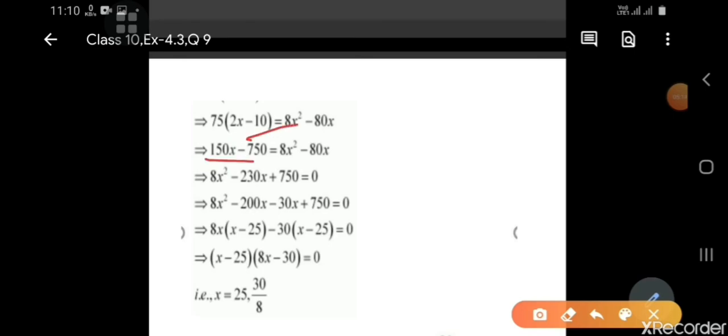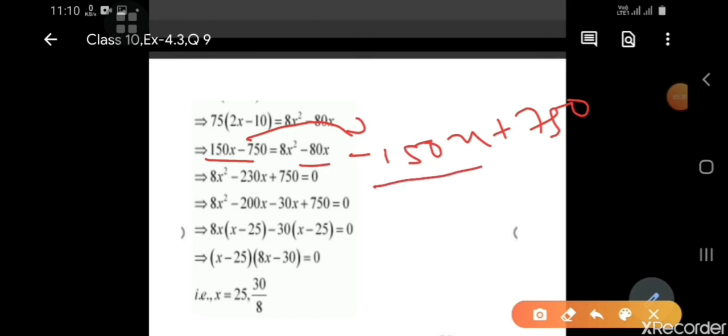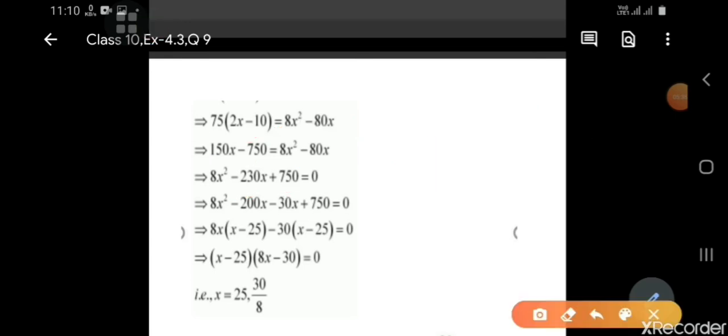If we transpose this, then 150x will be minus 150x and minus 750 will be plus 750. So minus 80x and minus 150x will be minus 230x, and plus 750. Look here. So we get this equation: 8x square minus 230x plus 750. This is the quadratic equation.